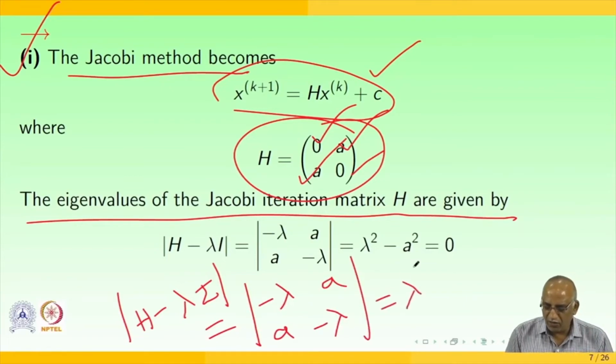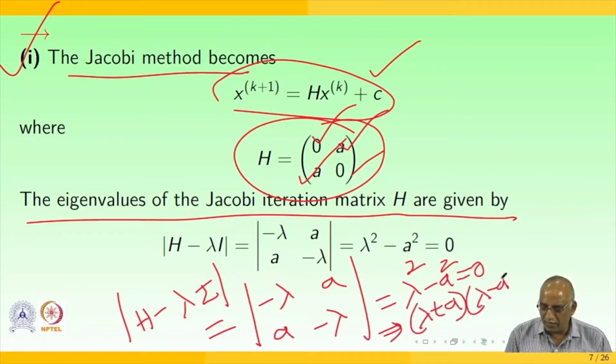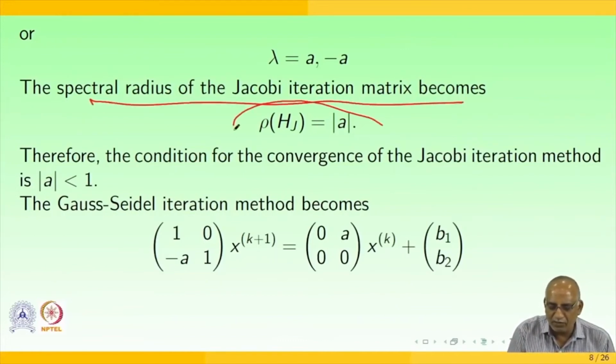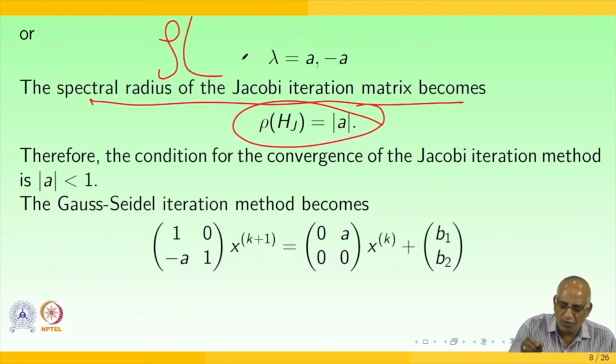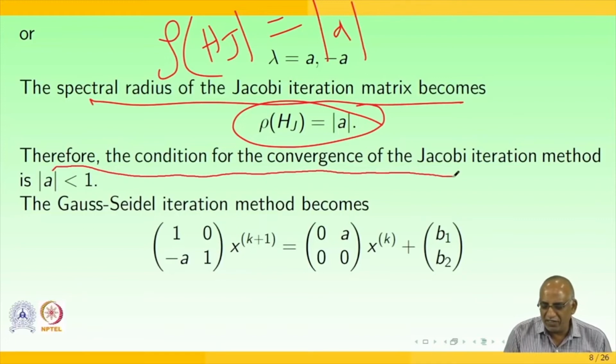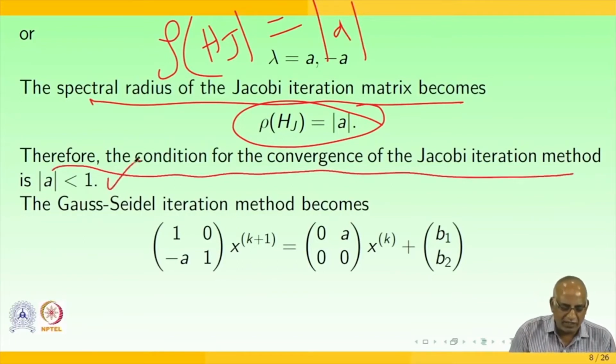That is equivalent to lambda square minus a square is equal to 0, which implies lambda plus a times lambda minus a is equal to 0, so lambda is equal to plus or minus a. Or you can write it as the spectral radius of the Jacobi iteration matrix, rho of H of J, is equal to the absolute value of a. Therefore, the condition for the convergence of the Jacobi iteration method is that it is less than 1.